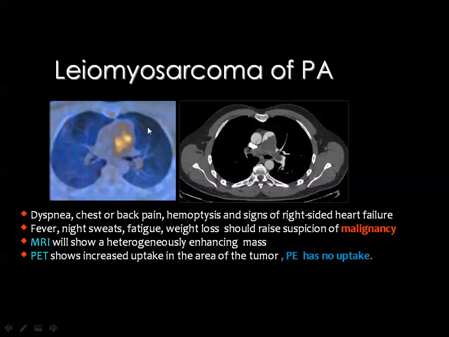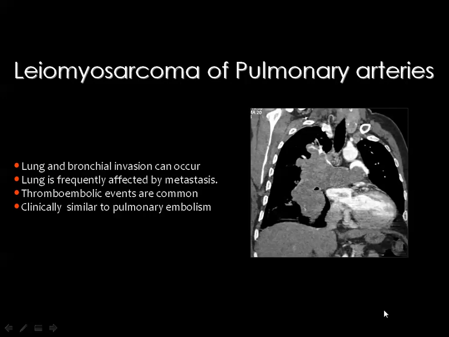Patients with leiomyosarcoma of the pulmonary artery may present with dyspnea, chest or back pain, hemoptysis, and signs of right-sided heart failure. Then the fever, night sweats, fatigue, weight loss should raise the suspicion of malignancy. And if you look here, this is not a usual appearance for pulmonary embolism.